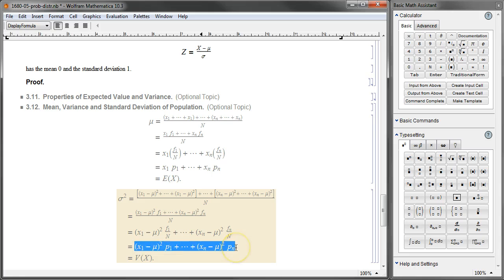So what do we get? We get the variance of the random variable. The variance of the population is the same as the variance of the random variable. Again, a very striking property. The same goes for standard deviation, because all that is left is to take the square root of these two.